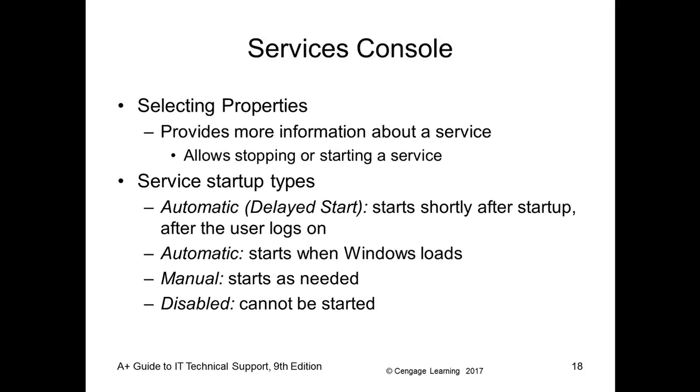That means when the computer boots up, it's going to wait a short period, usually like a minute or two, or maybe 30 seconds, and then that service will start. So if your computer boots up fine and then you see that it fails or it blue screens or something, you know that that service is the one that's causing issues. Then automatic is just going to start up whenever Windows starts up. Manual, you have to actually go in and start that service up whenever you need it. And then disabled just completely turns that service off.